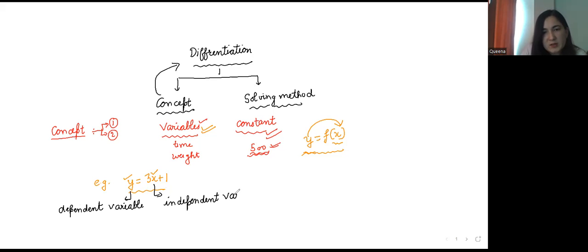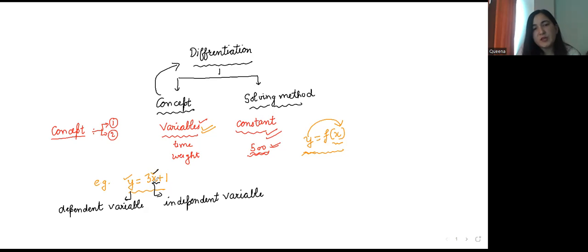So what is the relation between the two? See here, x is an independent variable. This means that you can always set the value of x on your own. Its value does not depend on any other factor. You can set it 1, you can set it 2, you can set it negative also. It is completely your choice what value you want to give to x.